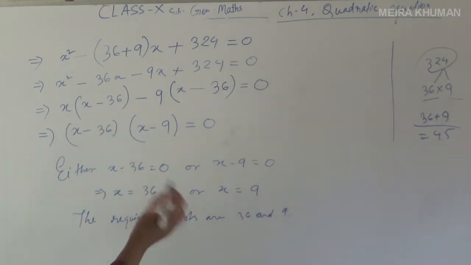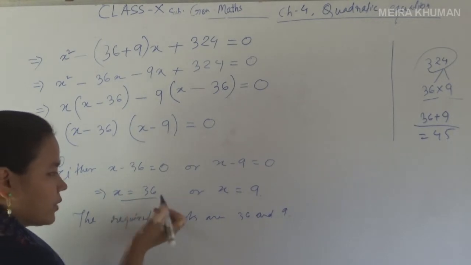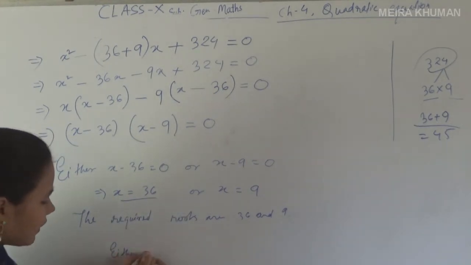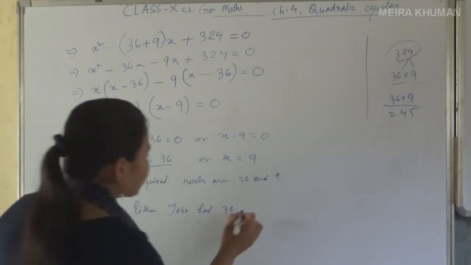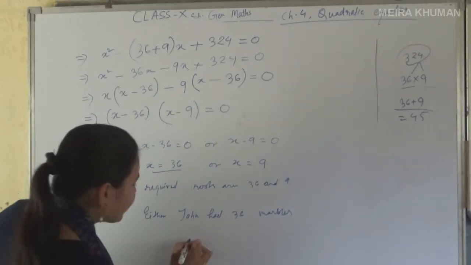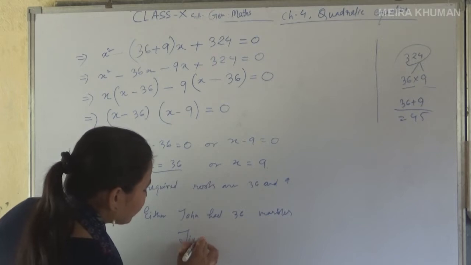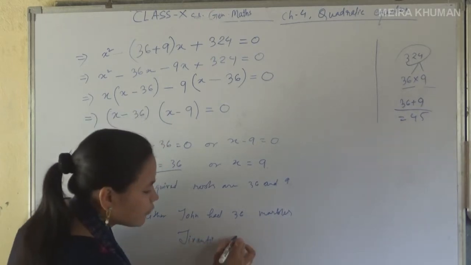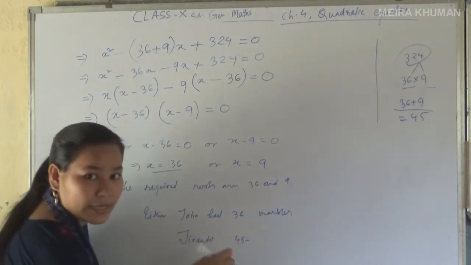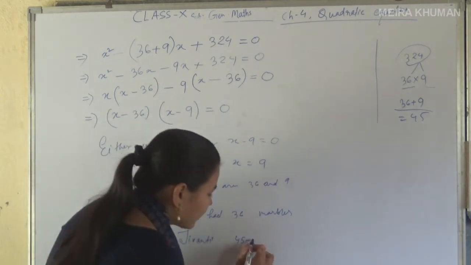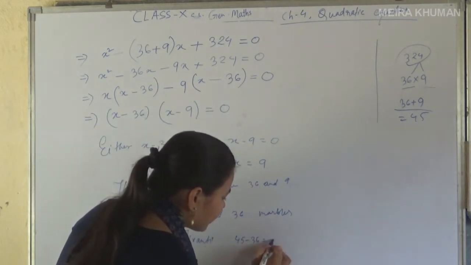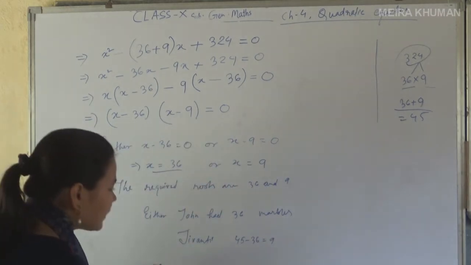Means John and Jivanti. Suppose x, you are getting two values. Either John had 36 marbles, and Jivanti will be 45 minus x. So if John is 36, then 45 minus 36 is 9.